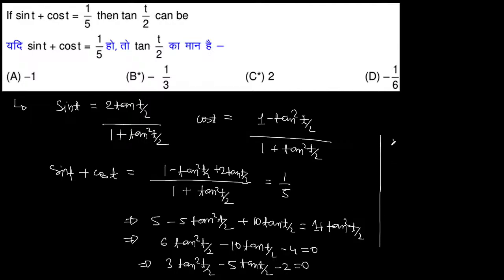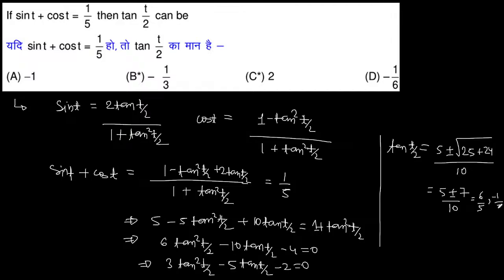If you try to find the value of tan(t by 2), it is minus b plus minus root under b square minus 4ac by 2a. 5 plus minus 7 by 10, which is nothing but 12 by 10, 6 by 5, or minus 1 by 5.